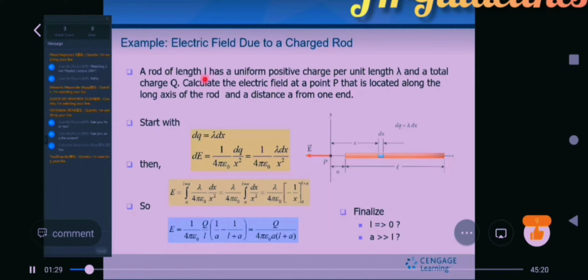The length is L, so a rod of length L has a uniform positive charge per unit length, lambda, and a total charge is Q. Calculate the electric field at a point P that is located along the long axis of the rod and a distance A from one end.